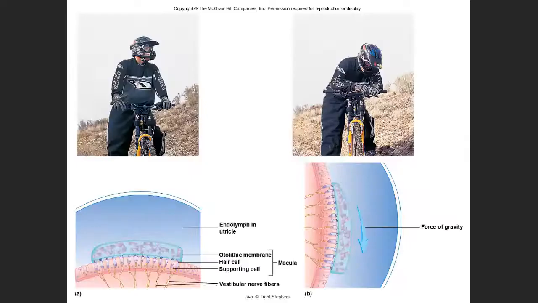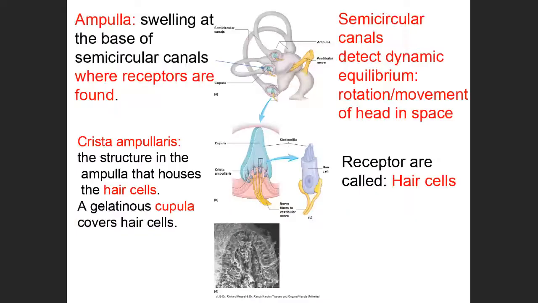So when we tilt the head, the gel moves and all the little rocks move, and that moves the cilia and depolarizes the cells. That's how we sense that the head is tilted. So that's pretty cool. The dynamic equilibrium is essentially twirling, so rotation.